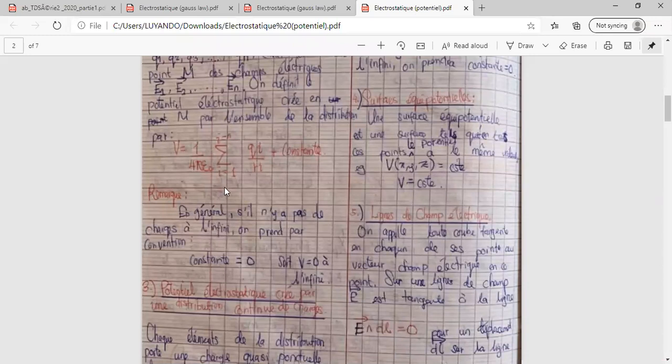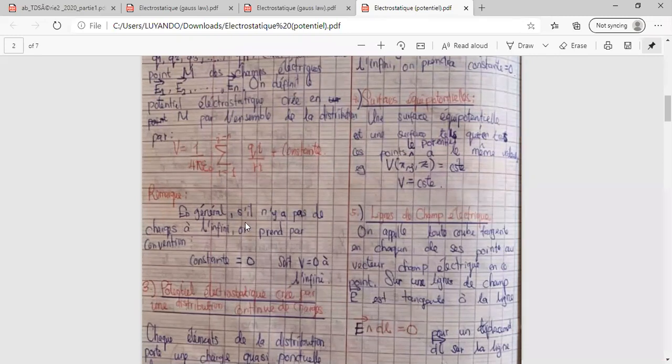So usually, like in the exercise that we had the other time, we're trying to find the electric field at a point, maybe in the sphere or outside the sphere. If we do not have charges at infinity, by convention the constant is equal to 0, so V is equal to 0 at infinity.